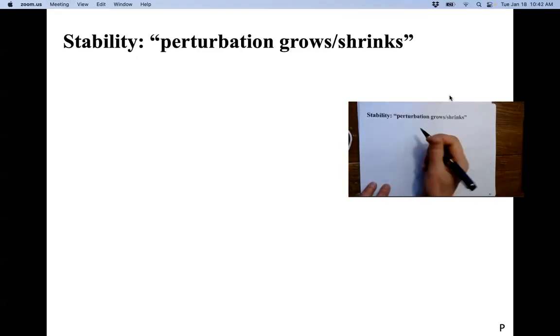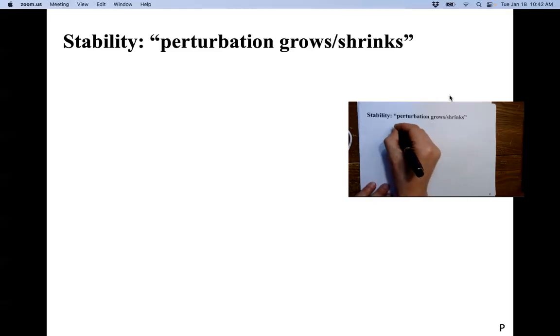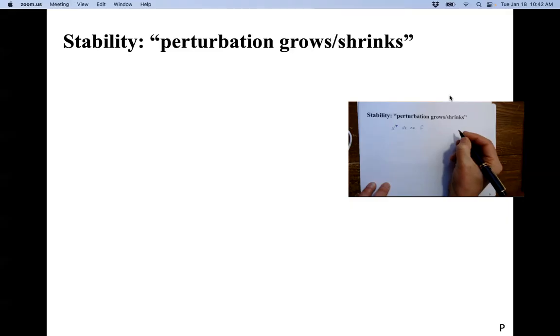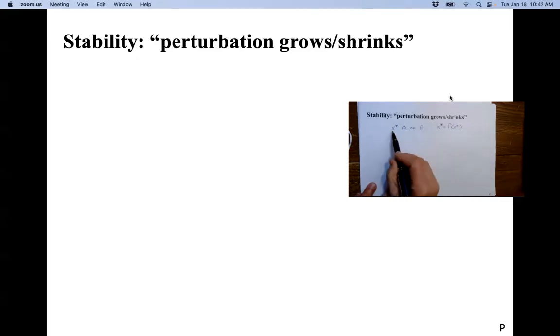So here's just a bit of math. So let's say we've got X star, and it's a fixed point of some map, call it F. That means that X star is equal to F of X star. Okay, if X star is a fixed point of some map F, then you chuck X star into F and you get X star back.